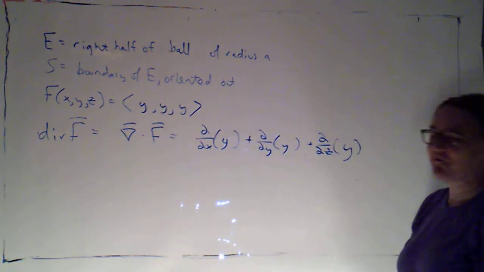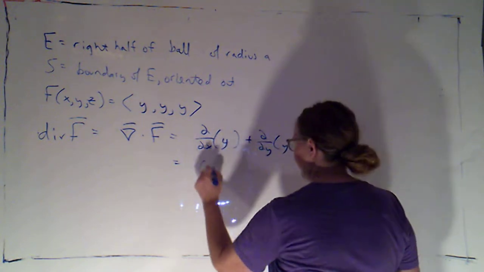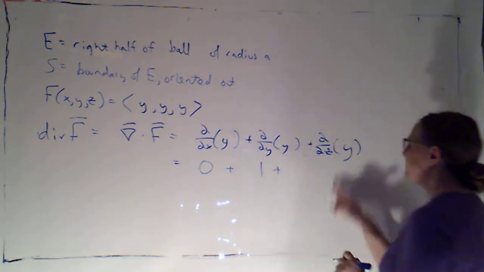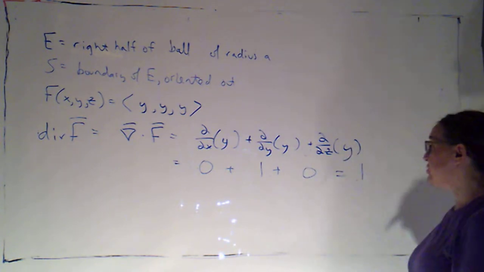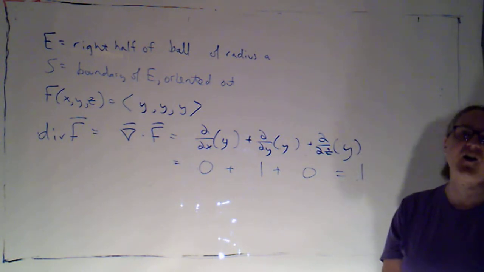They all happen to be y. But when I take the partial with respect to x, I just get 0. When I take the partial with respect to y, I get 1. And when I take the partial with respect to z, I get 0. So the divergence is just 1. That's lovely, because the divergence is constant.